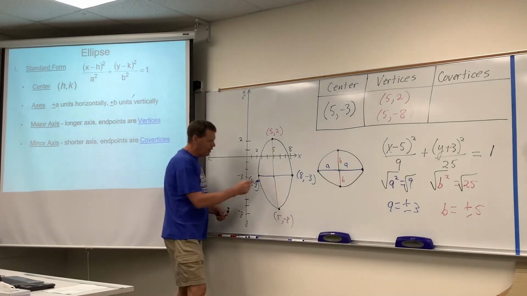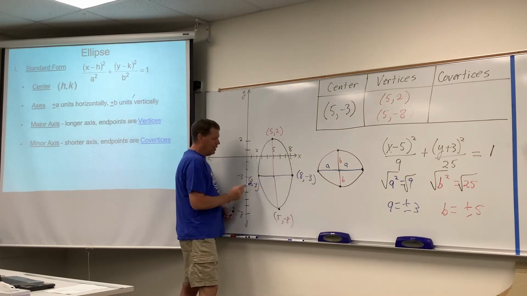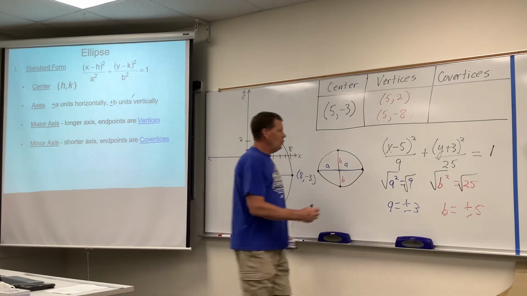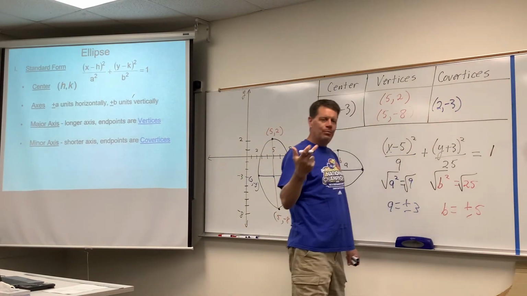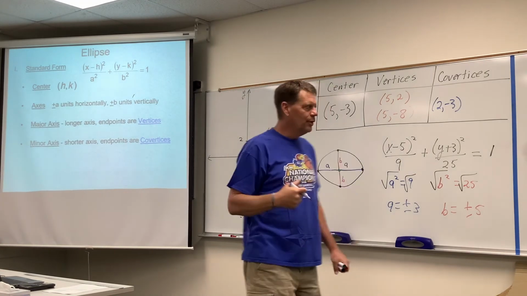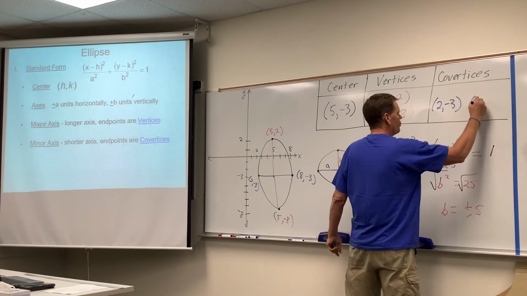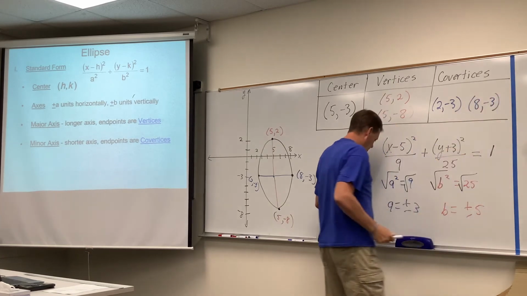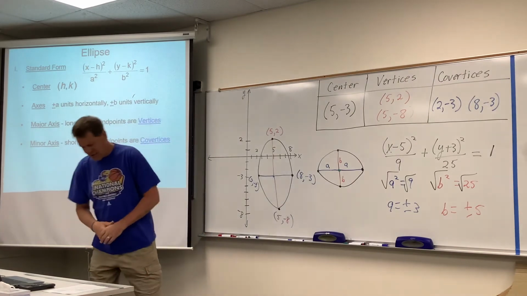This is the shorter one, the blue one in this example. With these endpoints, 2, -3, which is why I wanted you to label them on your picture, 2, -3 as well as 8, -3 would be our co-vertices. That's it. I hope that made total sense.